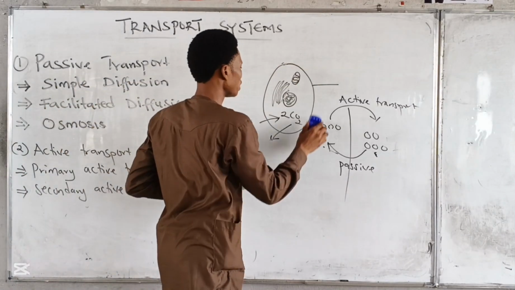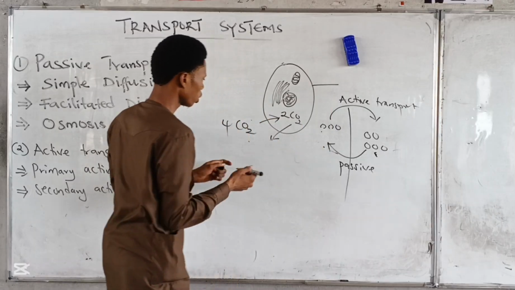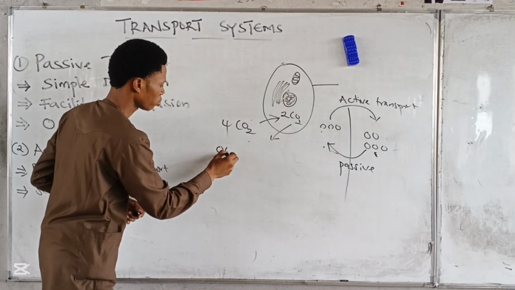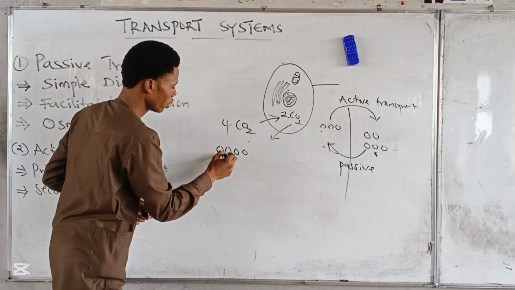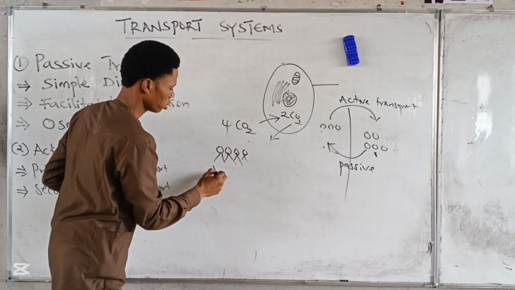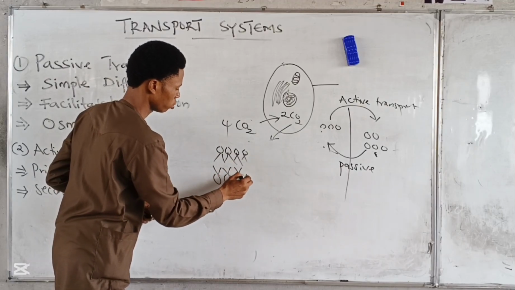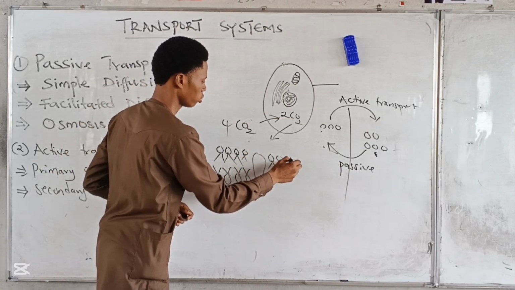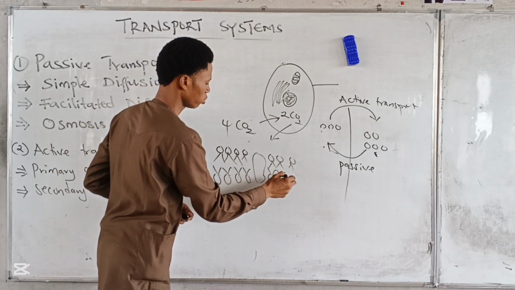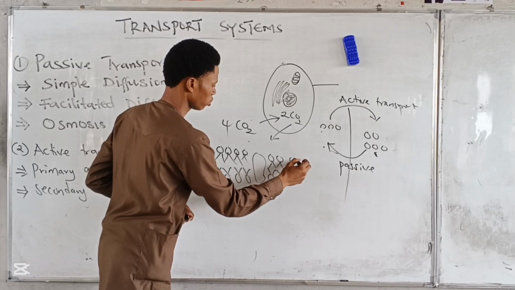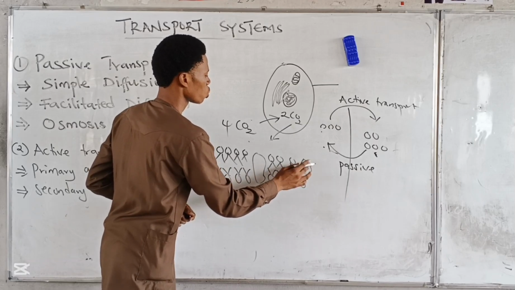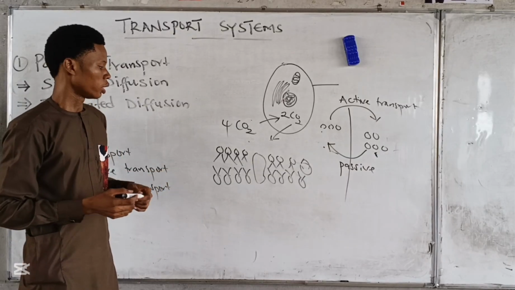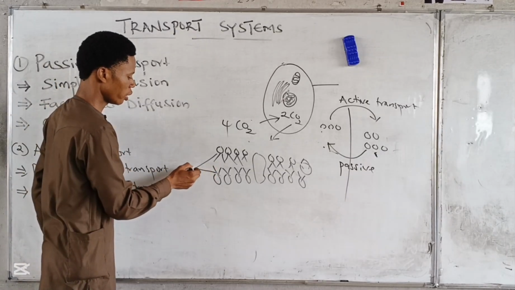Now, coming to facilitated diffusion, this cell membrane, I'm just using a line to draw, looks like this. In reality, this is how it looks. Now, this is the lipid bilayer, right?